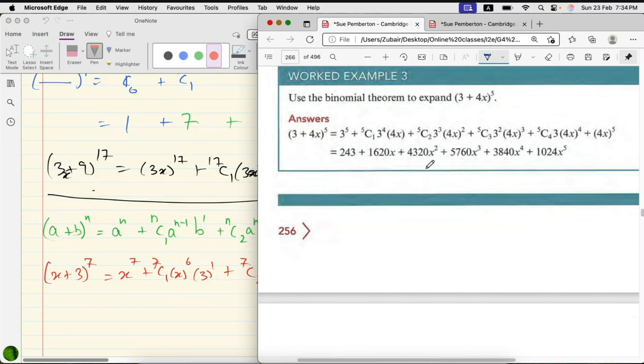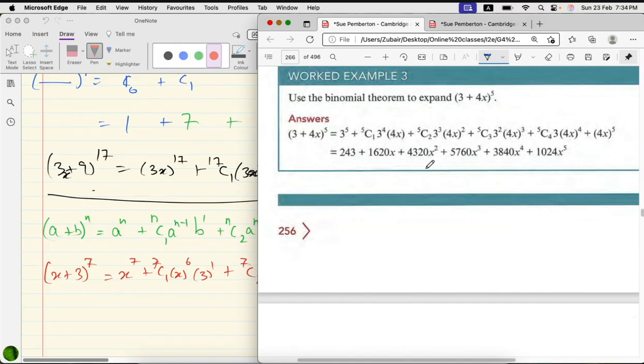Then 5, because it was 5C0, now it's 5C1. And then 3 decreases, so 3 to the power of 4. And then the B value, so 4x.